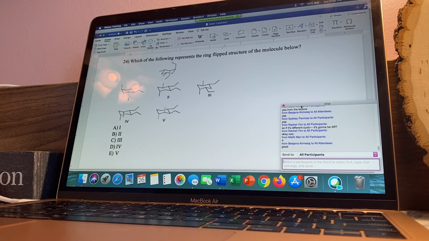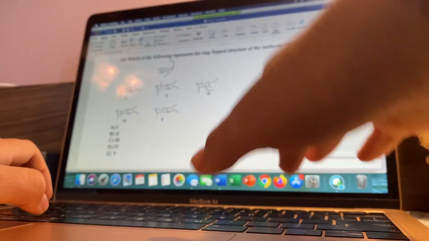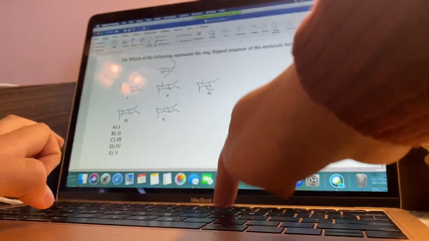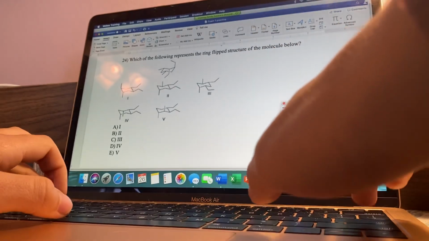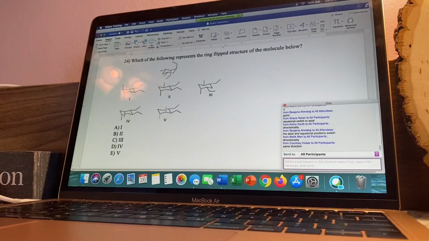So what were the two things that I talked about with ring flips? What's one of them? Equatorial always switches to axial, right? And then directionality. What about directionality? They don't flip. It always stays the same.